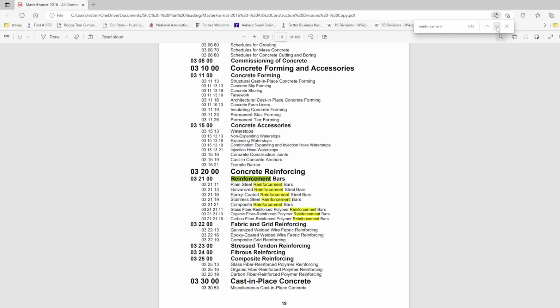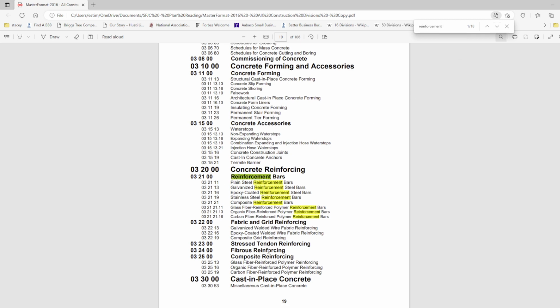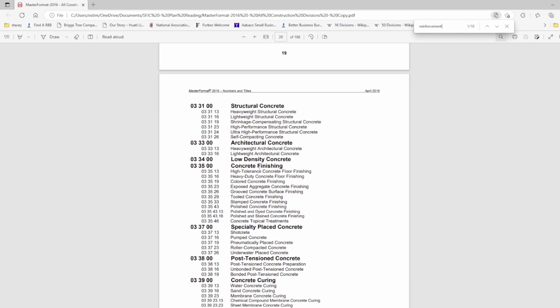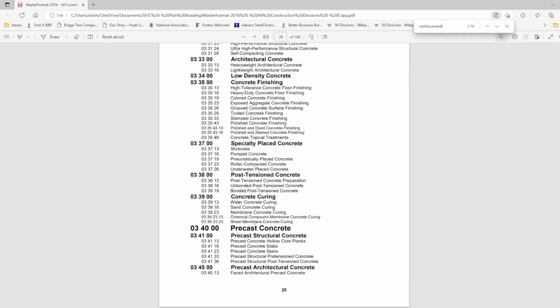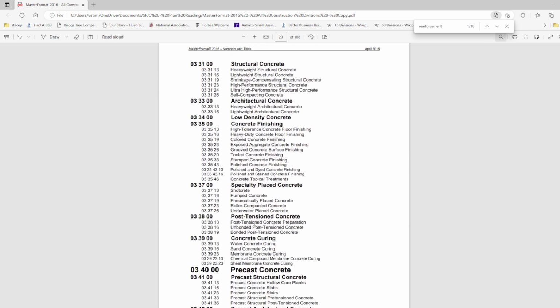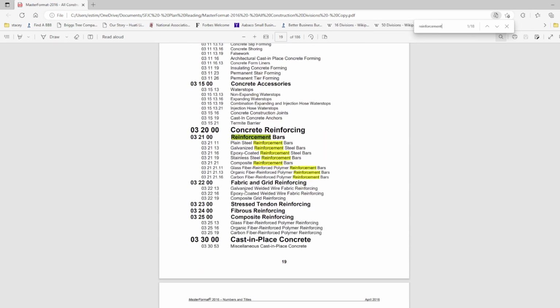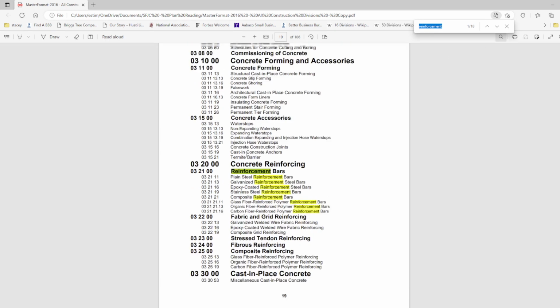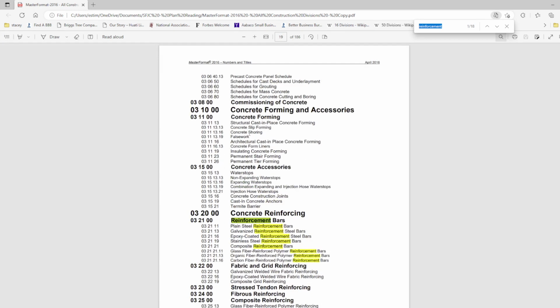Concrete reinforcement. Plain steel reinforcement bars. Galvanized reinforcement steel bars. Epoxy coated. Okay, that's bars. And let me just go through it. Somewhere in here. Yep. Let's have fun with it.